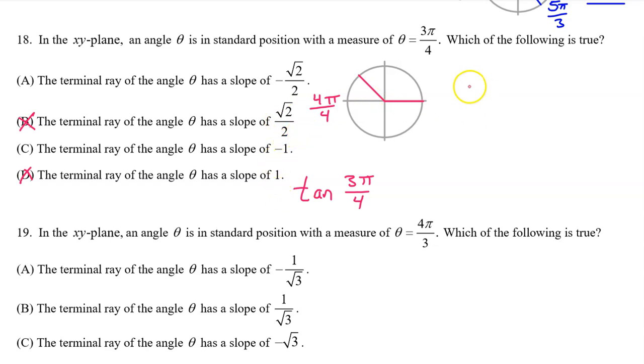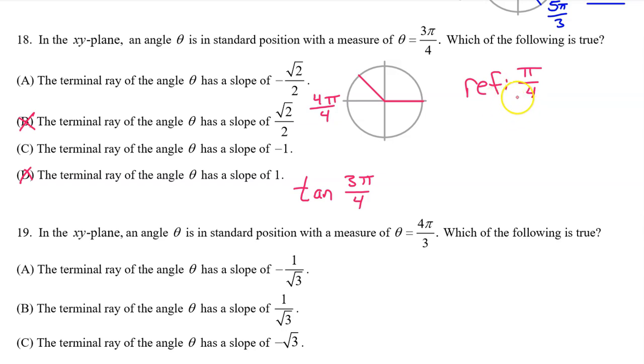We also know that the reference angle is pi over 4. The reference angle is right here between the terminal side and the x-axis, and 3 pi over 4 is exactly pi over 4 less than 4 pi over 4. So that is the reference angle.